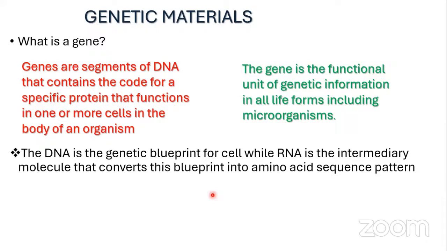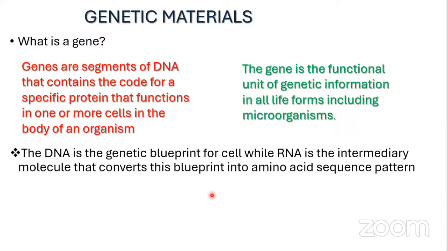So the DNA is the genetic blueprint for the cell, while RNA is the intermediary molecule that converts this blueprint into amino acid sequence pattern. What am I saying? What I mean is that the DNA contains all the genes, while the RNA converts all the genes.